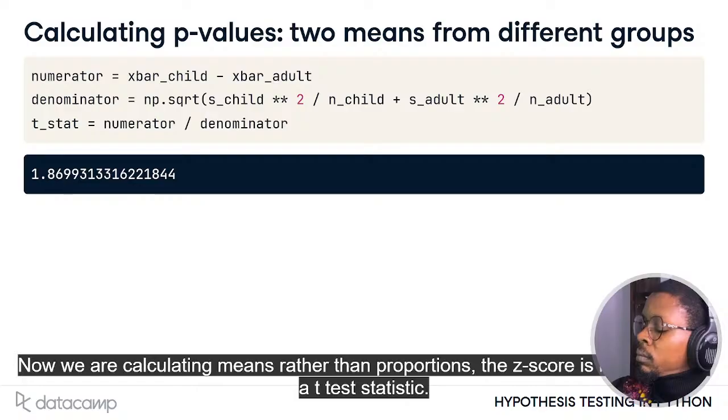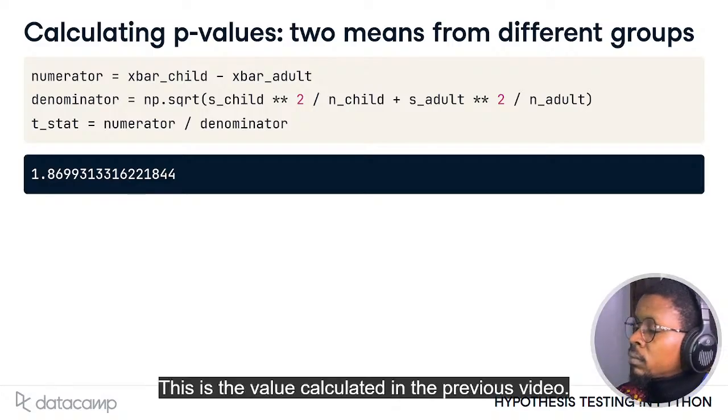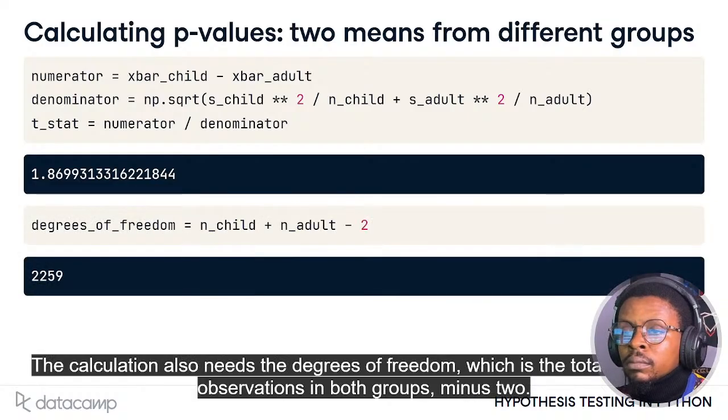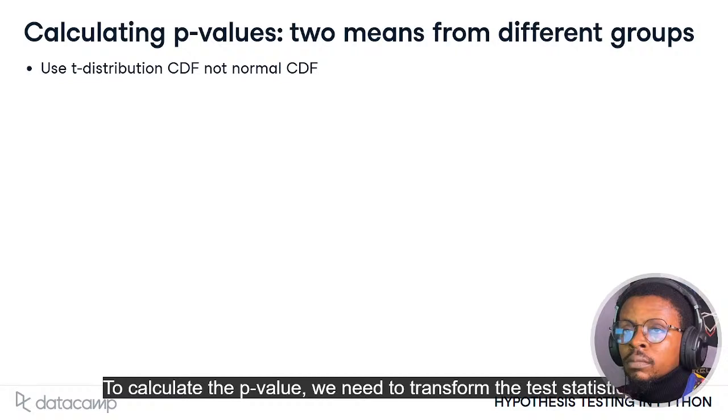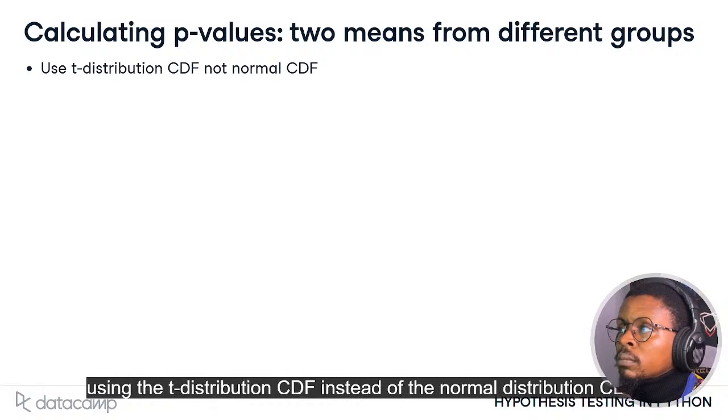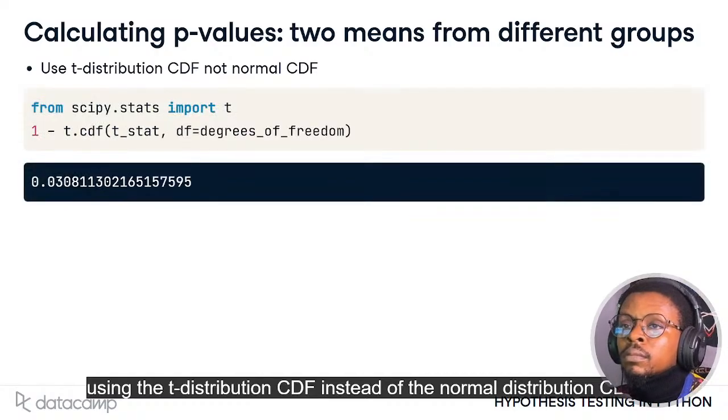Now we are calculating means rather than proportions. The z-score is replaced with a t-test statistic. This is the value calculated in the previous video. The calculation also needs the degrees of freedom, which is the total number of observations in both groups minus 2. To calculate the p-value, we need to transform the test statistic using the t-distribution CDF, instead of the normal distribution CDF.